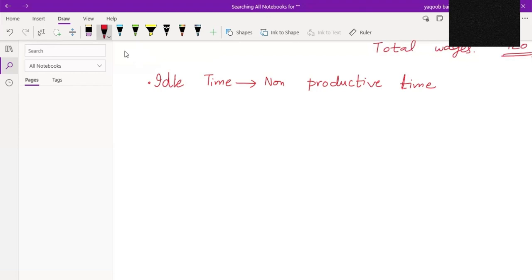Idle time is not always controllable. For example, if it is due to machine breakdown, then we can rectify the machinery on time to avoid the idle time. If we did not give any kind of incentive or bonuses to our workforce, and it is expected that our workforce can go on strike, we can give them their benefits or incentives on time to avoid the strike.